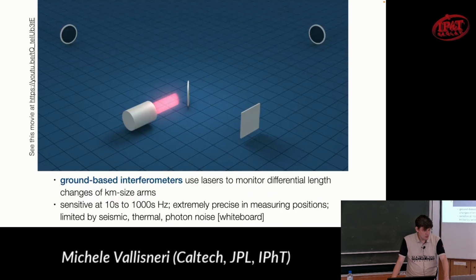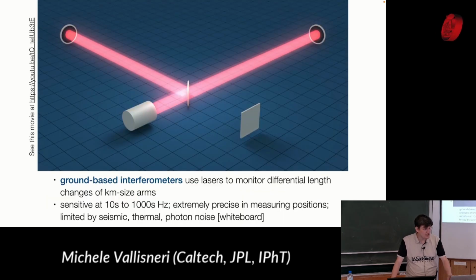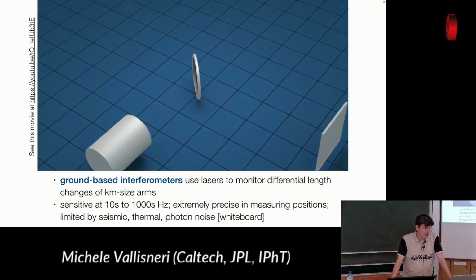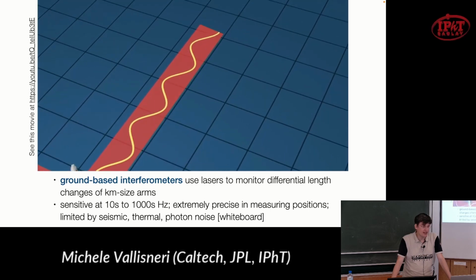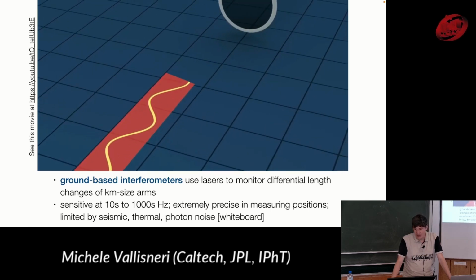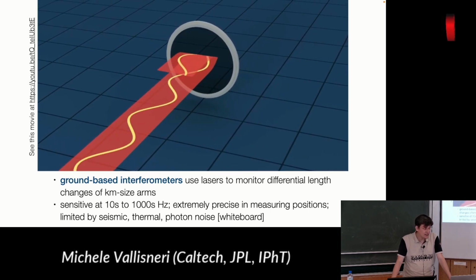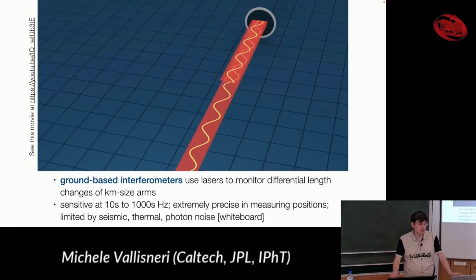Okay, so this is the movie that didn't work last time. It's a decent representation of what happens in LIGO. You're splitting light, and you send it around to different arms. Doing so accrues a phase delay due to the difference in length between the two arms.